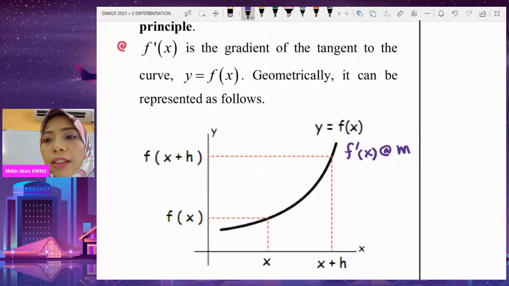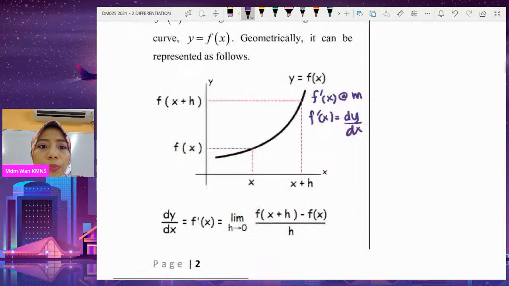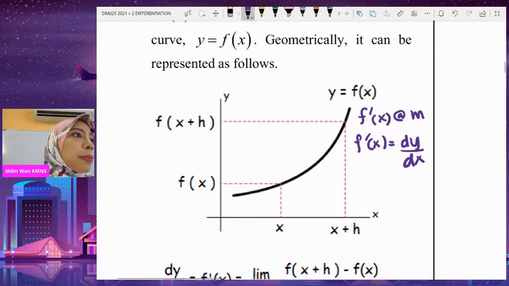So we can say that f prime of x is equivalent to dy over dx. dy is the change between this. Wait, let me draw clearly.